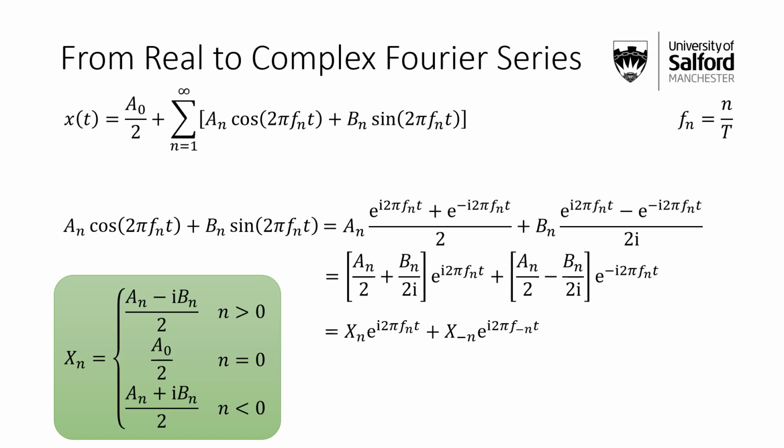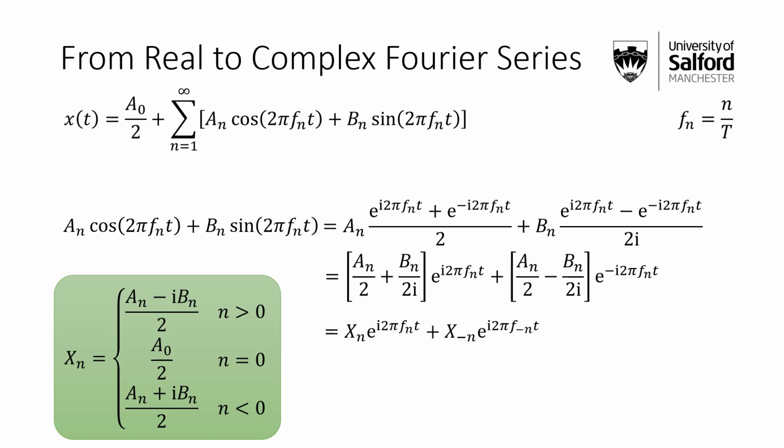And this works because, much like cos of 0 is 1, e to the i 0 is also 1. So this all works conveniently in the same framework. And then if n is smaller than 0, as I was just saying on the second term, we have an plus ibn over 2.